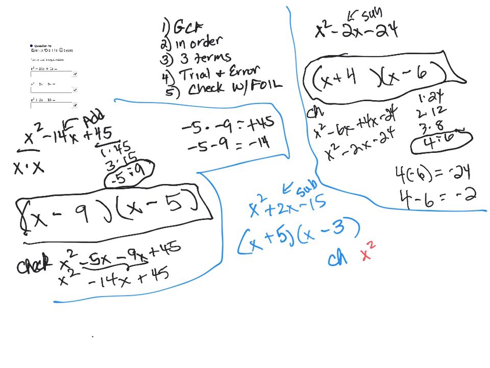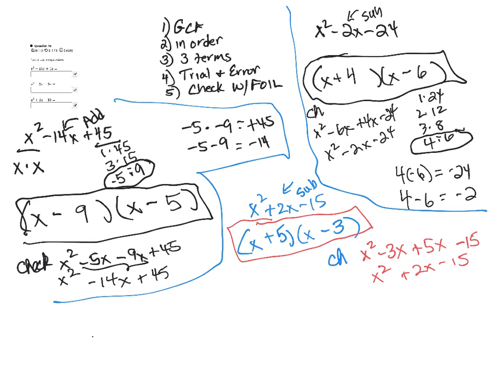X times negative 3 is negative 3x. 5 times x is plus 5x. Be careful with the signs. 5 times negative 3 is negative 15. So that is x squared plus 2x minus 15. And is that what we started with? Yes. So that x plus 5 times x minus 3 is our answer.